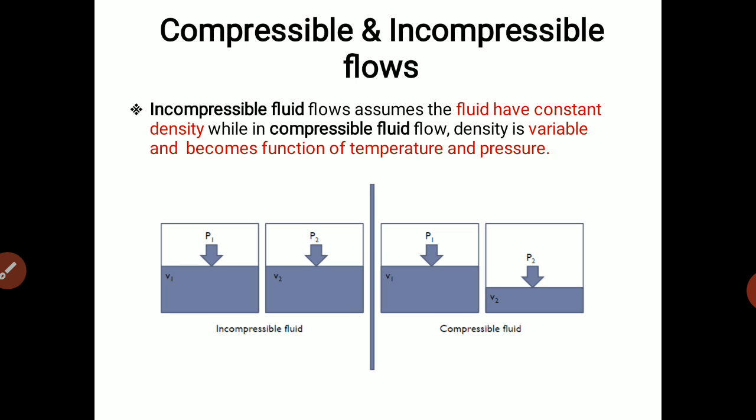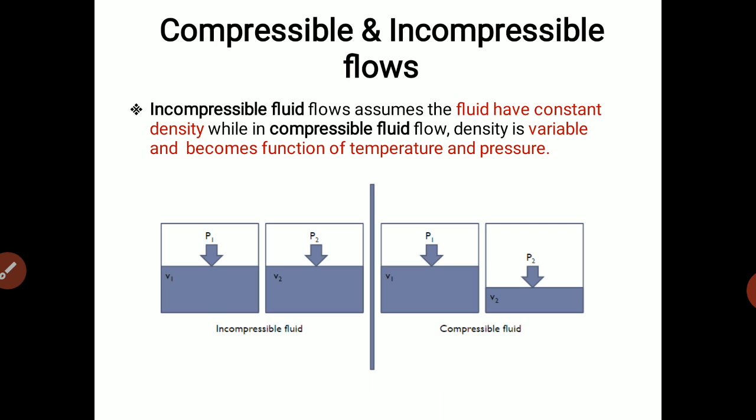And then the second one is compressible and incompressible flows. Incompressible flow assumes that the fluid has constant density. So it is incompressible. We cannot compress the flow. Okay, it has a constant density. It is the relation of density for the compressible and incompressible flows.